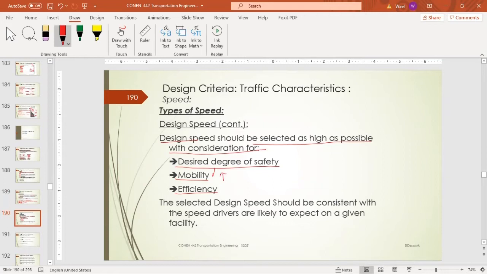The desired degree of safety requires low speed. Efficiency desires high speed. So the selected design speed should be consistent with the speed drivers are likely to expect on a given facility. This is very important. Any questions so far?